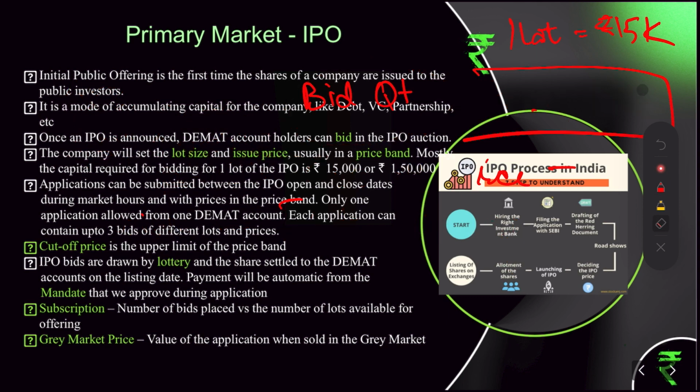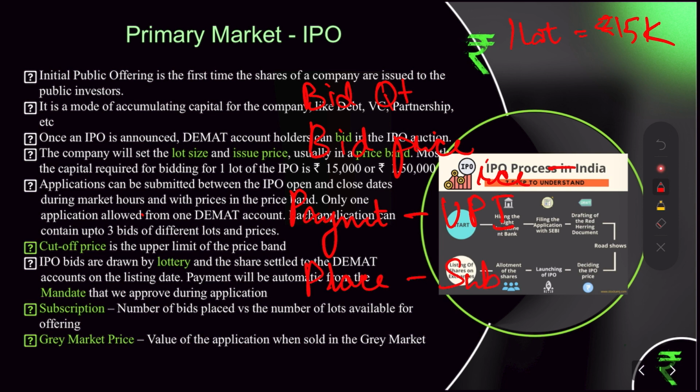So you have to mention the bid quantity in number of lots, you have to mention the bid price, and you have to mention a payment detail. For this payment detail you can mention your UPI ID of Google Pay, Paytm or PhonePe, any UPI ID, and you have to place the application.